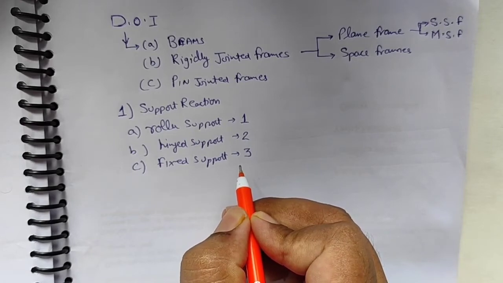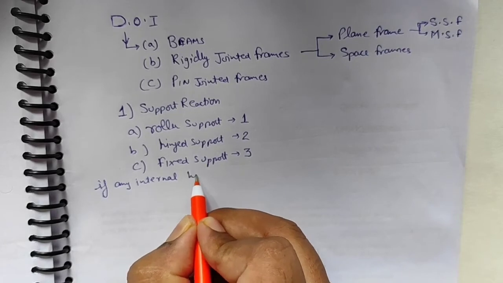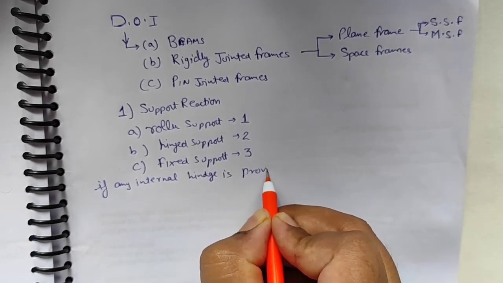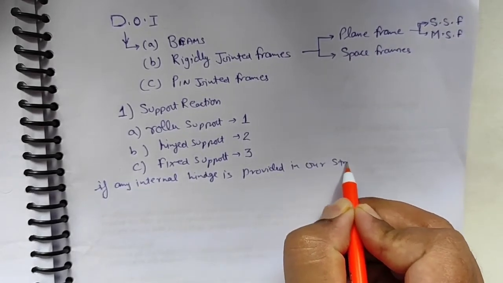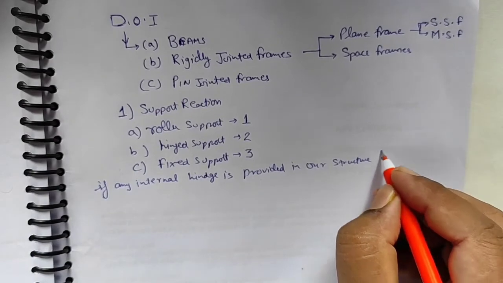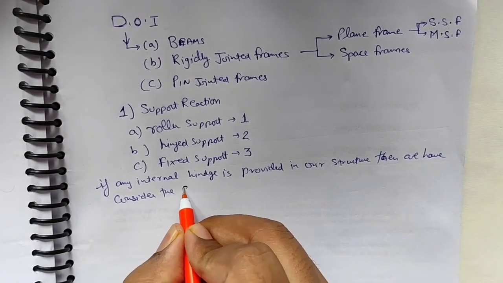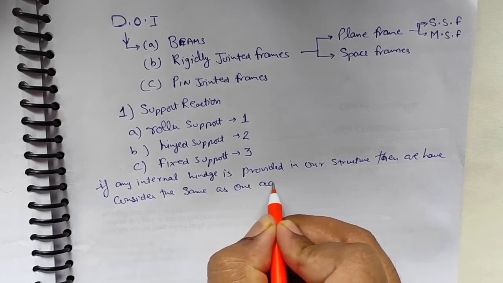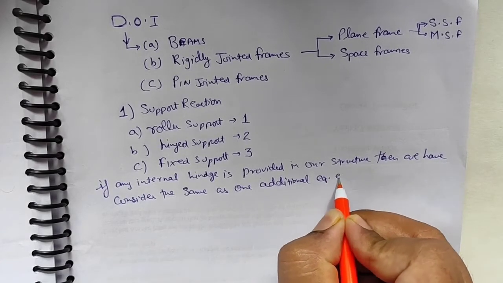Again, if any internal hinge is provided in our structure, then we have to consider it as one additional equilibrium equation.